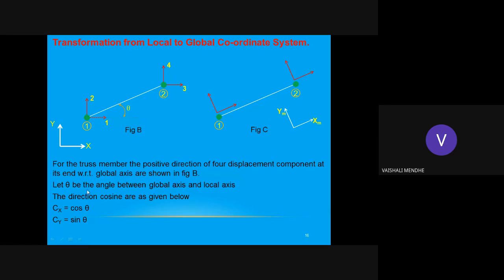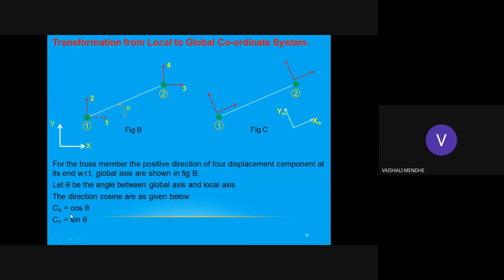So theta is the angle from global x to local x, measured with respect to the global axis in the anti-clockwise direction. The direction cosines are as given below: Cx is equal to cos theta and Cy is equal to sin theta.